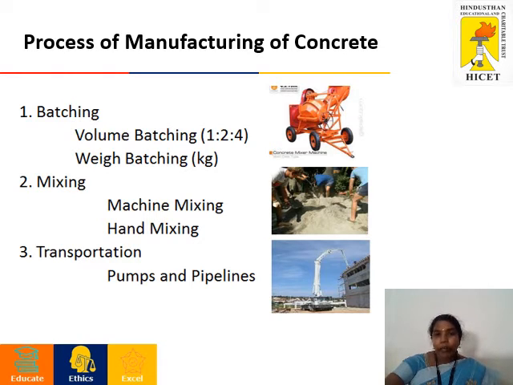The second one is machine mixing. Machine mixing means all the materials, including water, are collected in a revolving drum, and the drum is rotated for a certain period and the resulting mix is taken out from the drum. The resulting mix is also known as a homogeneous mix. Then the third stage is transportation.